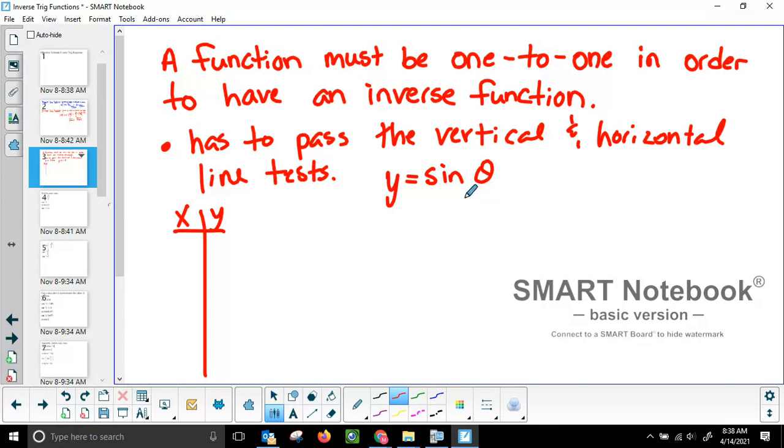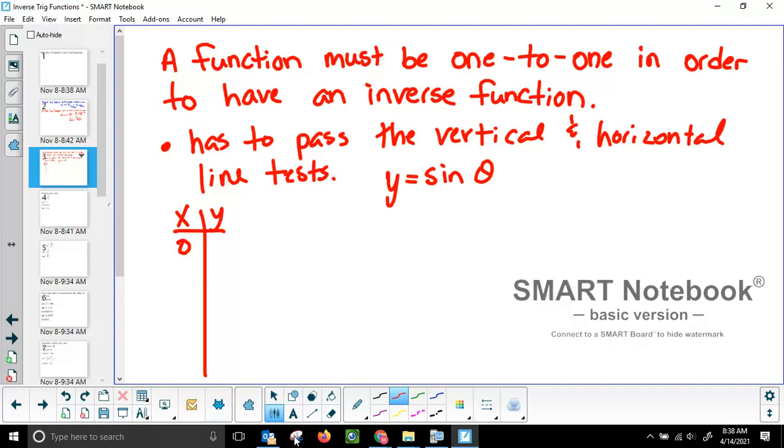So let's just pick some values, our thetas, our angles, on our unit circle, all right? So we have a lot of them. We know that we go from 0 to 2 pi, but let's just pick some of our bigger, our quadrant points right on our axes, right?